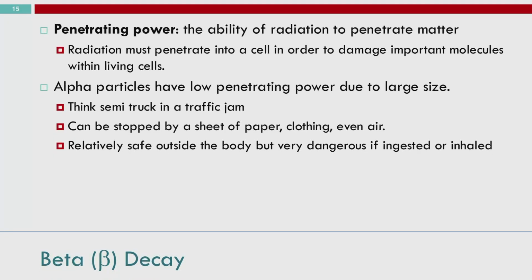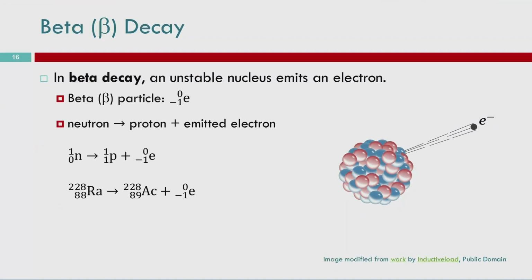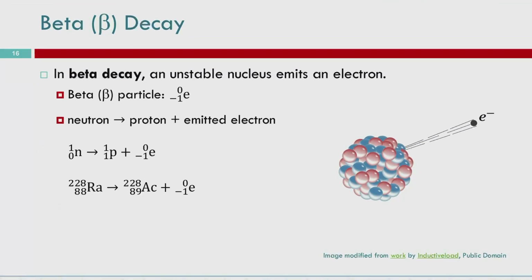So that's our first type of decay. Our second type of decay is beta decay. In beta decay, an unstable nucleus emits an electron. So our beta particle is the same as an electron.